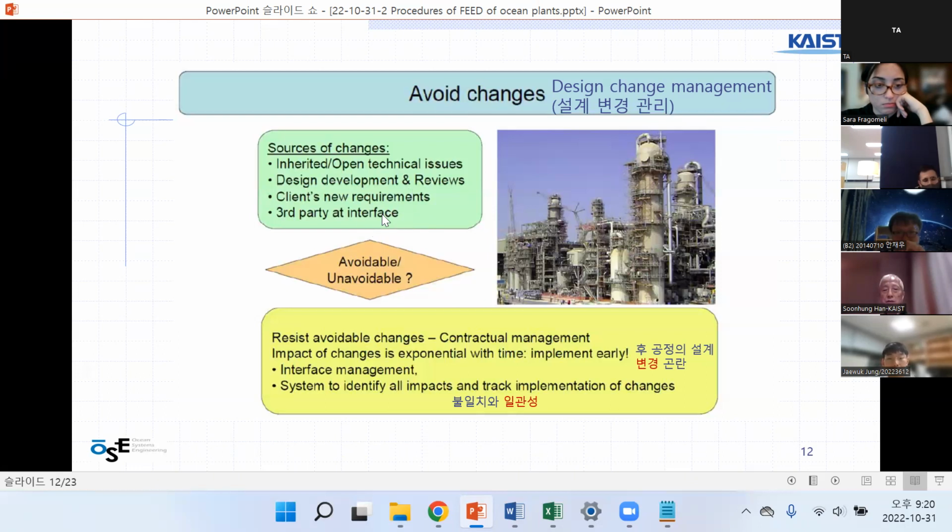Interface means a connection between assemblies. But a change in the later stage is very ugly, so it costs much. So front-end engineering is more important because many things can be fixed in the early stage.